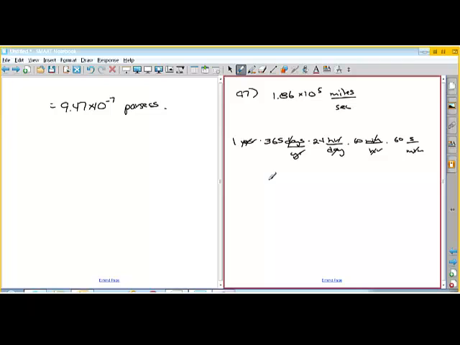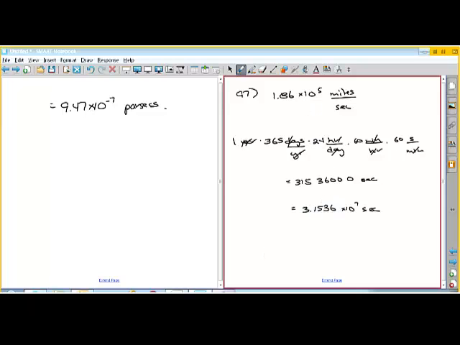So we get 365 times 24 times 60 times 60, which is 31,536,000. Okay, so that's seconds per year. And we can write that in scientific notation. It's going to be 3.1536, 1, 2, 3, 4, 5, 6, 7 times 10 to the 7th seconds.